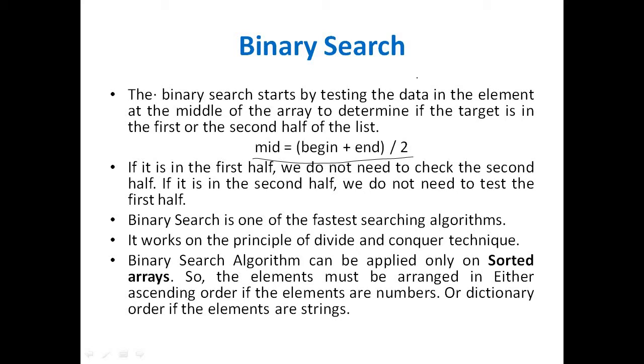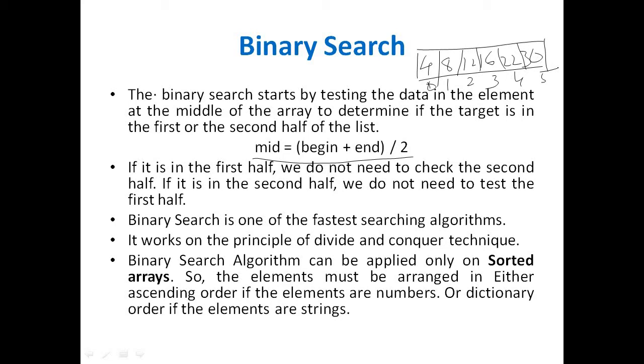For example, if I have the elements 4, 8, 12, 16, 22, 30, the index numbers are 0, 1, 2, 3, 4, 5. So here begin will become 0 and end will become 5. 0 plus 5 by 2, that is 5 by 2 means 2.5, but we'll take it as 2 only. So only the integer part we'll consider.